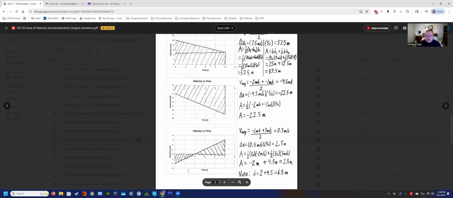All right, this one, our object changes direction. We have a constant acceleration, but it changes direction as it's moving. It starts off moving backwards at 2 meters per second, but over 2 seconds it slows to a stop. Then it starts speeding up in the forwards direction, and after 5 seconds, it's moving forwards at 3 meters per second.